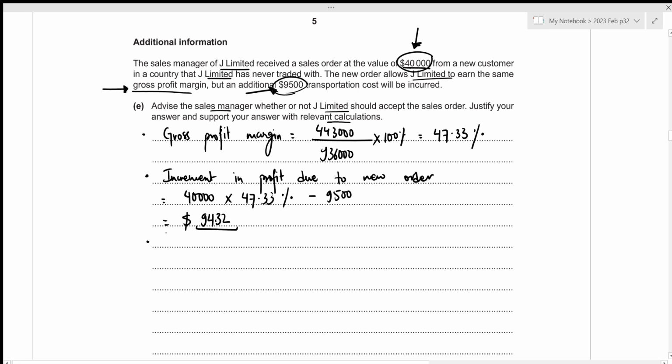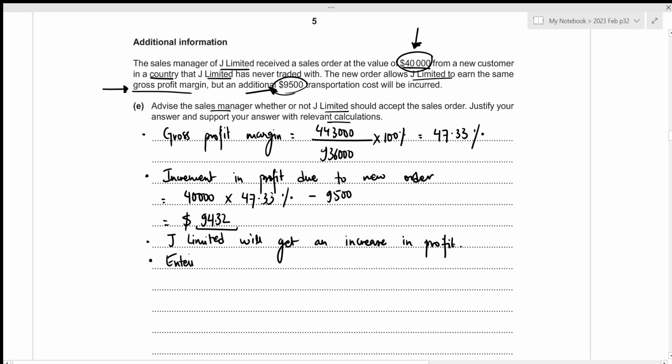Okay, so the clear advantage of taking on this new order would be that our profit will be increased, right? Let's write it down. GA Limited will get an increase in profit, whereas this new order is in a country that GA Limited has never traded with. So whenever entering a new market, it might be quite risky due to the political regions as well as the foreign currency issue. Let's write it down.